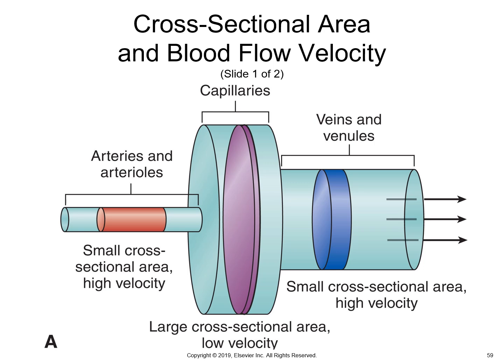As blood enters the capillaries, the total cross-sectional area dramatically increases, and that leads to a significant decrease in the velocity, meaning the blood is moving slower. After passing through the capillaries, blood enters the venules and veins where the cross-sectional area decreases again, and that leads to an increase in the velocity.